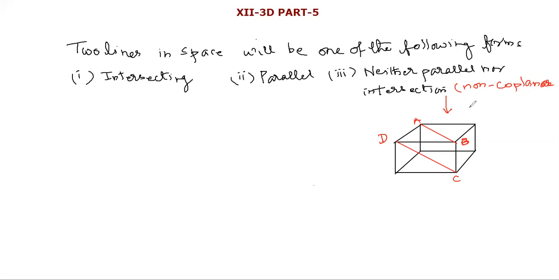Non-coplanar, called skew lines. Remember this part. We will consider it when we find the shortest distance between two lines. But before that, we are going to start now.